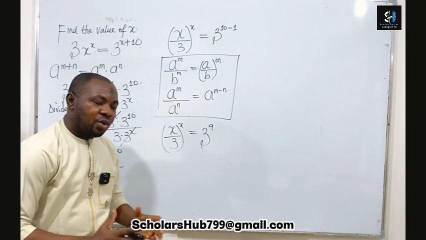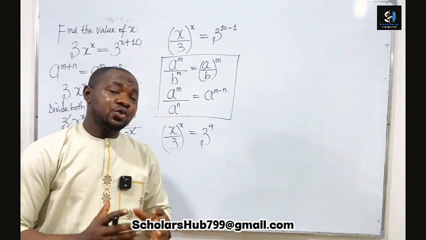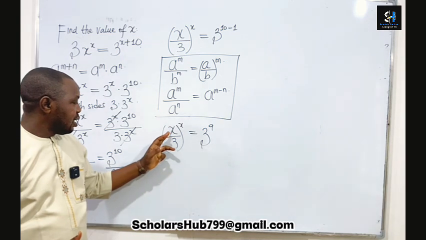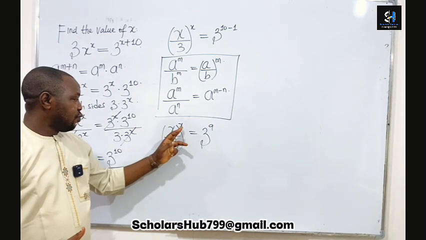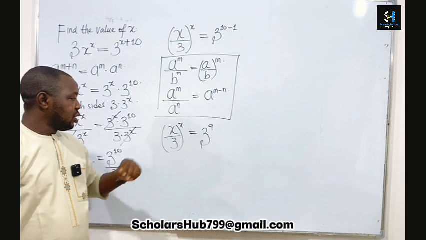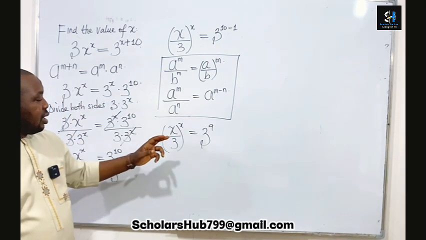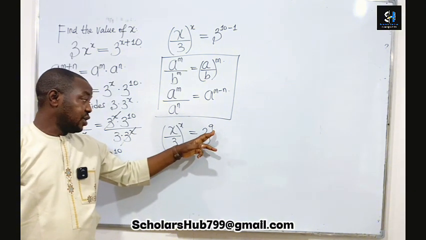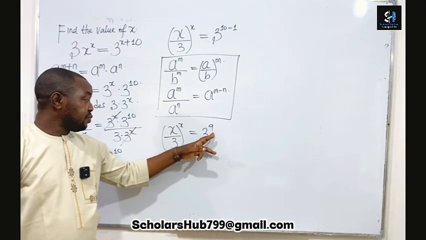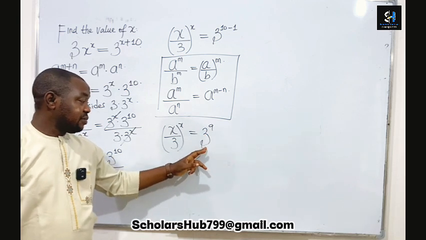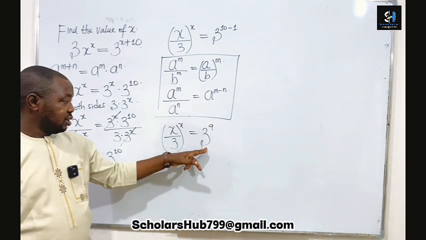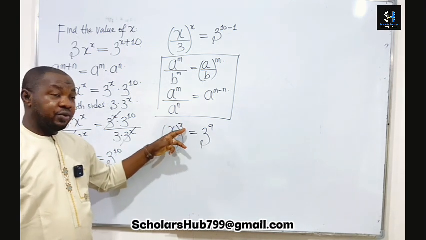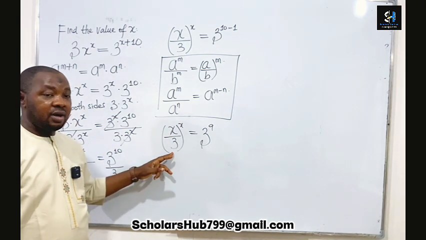So here we are going to use a trick. If we have (x over 3)^x, and if we have the power to be 9, it means that the power divided by 3 is the same as what we have as the base, x over 3.